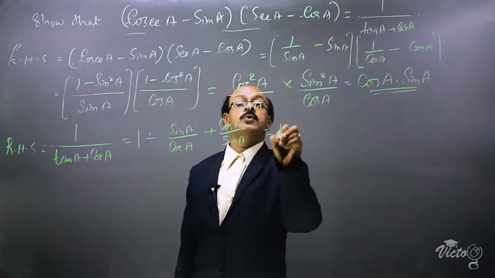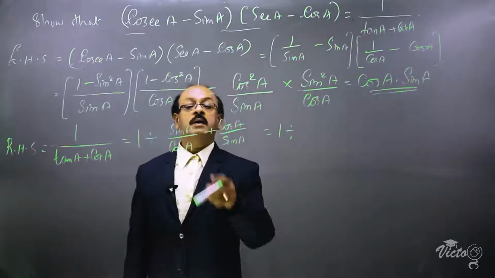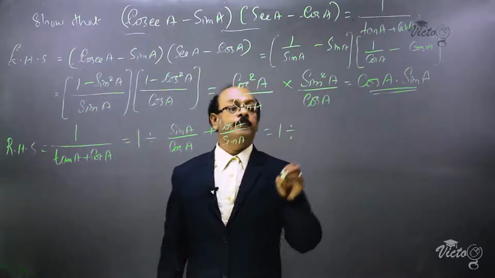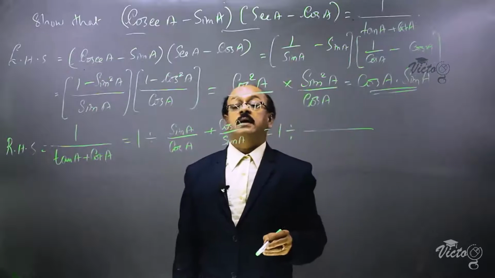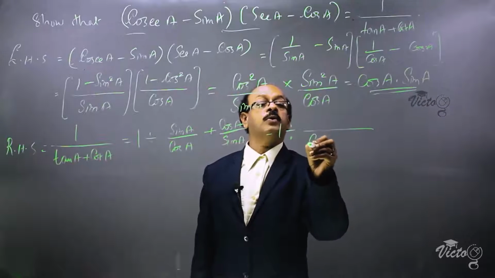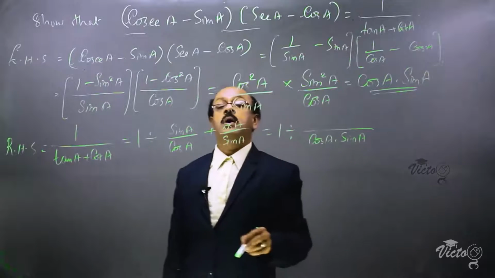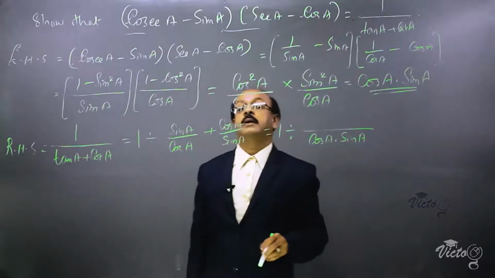This is equal to 1 divided by, here we have to use the law of addition of fractions. Taking the LCM, it is sin A into cos A or cos A into sin A. Now, we have to cross multiply.